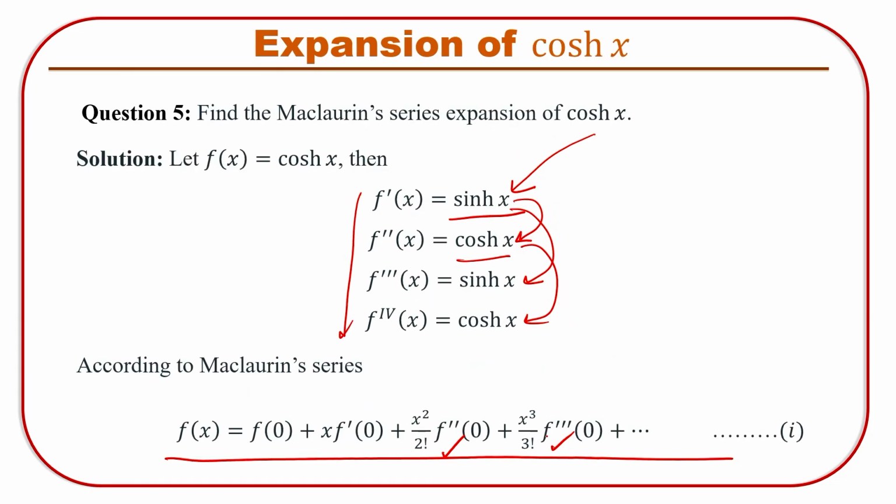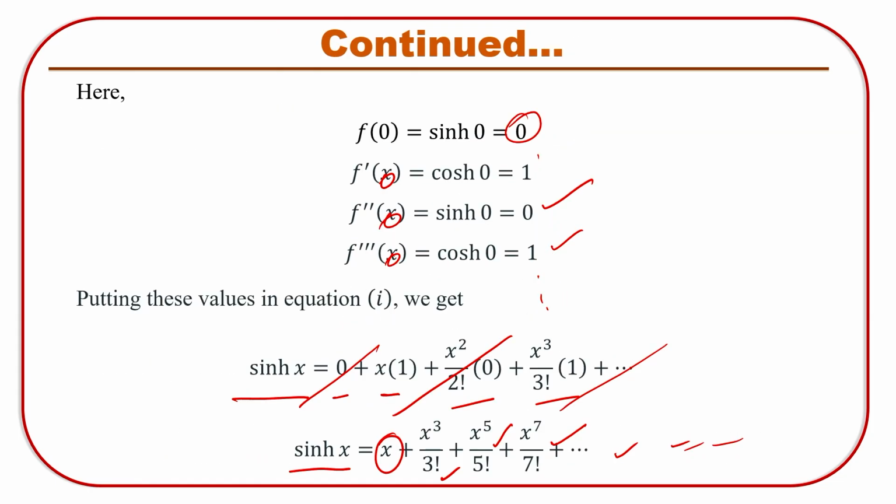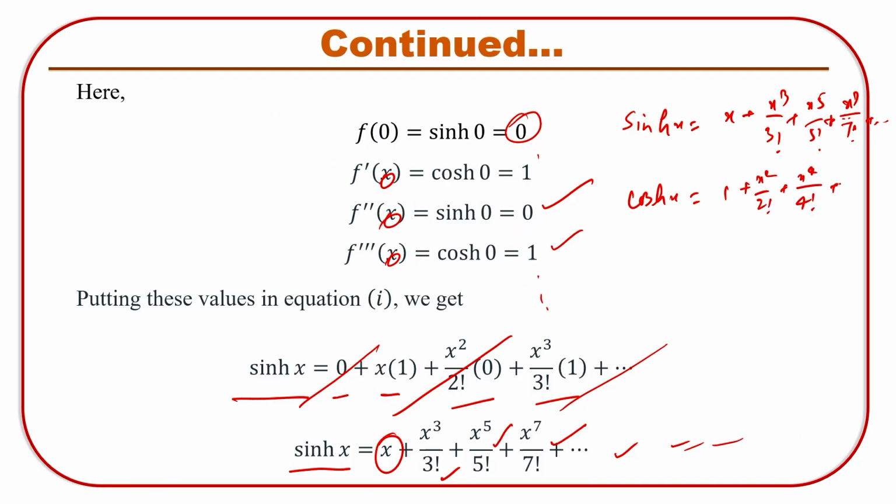Now, you can compare your results and you will easily see how they complement each other. So, sine hyperbolic x is equal to x plus x cube by factorial 3 plus x 5 by factorial 5 plus x 7 by factorial 7 and so on, while cos hyperbolic of x is equal to 1 plus x square by factorial 2 plus x 4 by factorial 4 plus x 6 by factorial 6 and so on.